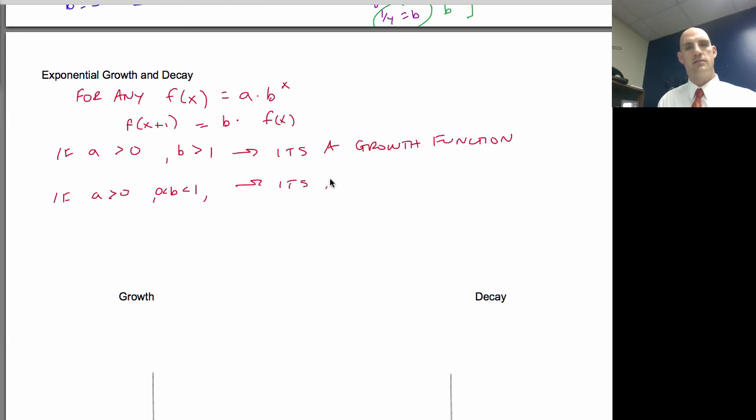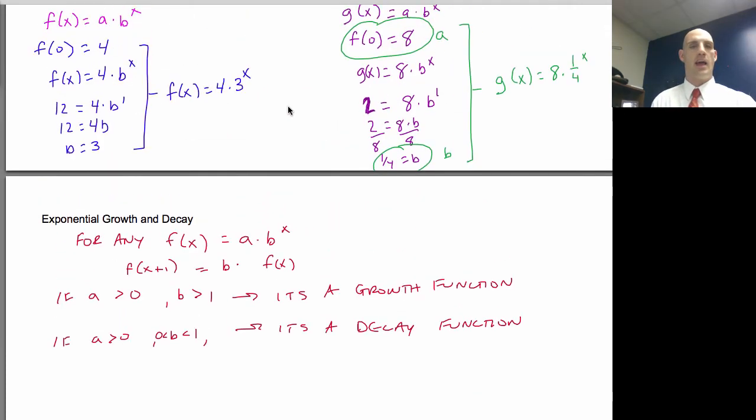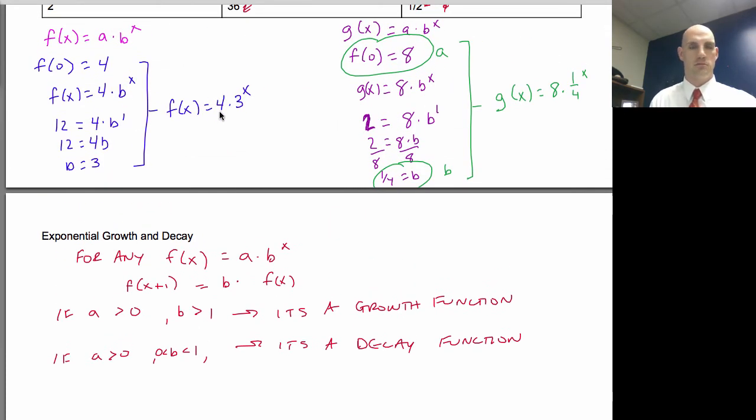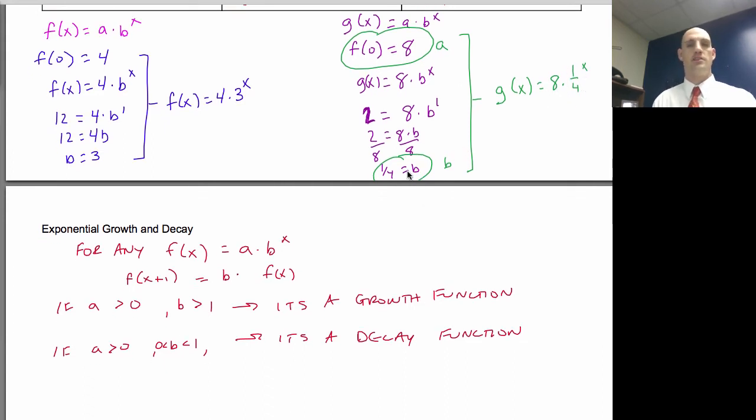Then it's a decay function. Okay, so we saw two examples of that right above here. So my growth function had a positive a, a b that was greater than 1. In this one, I had a positive a, obviously, and then a b that was between 0 and 1.